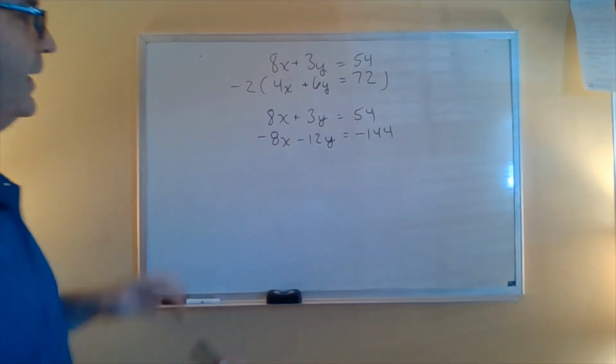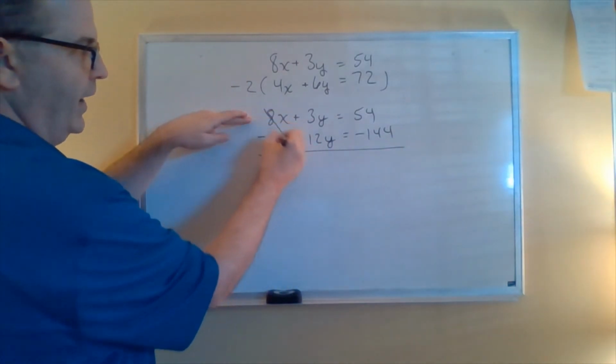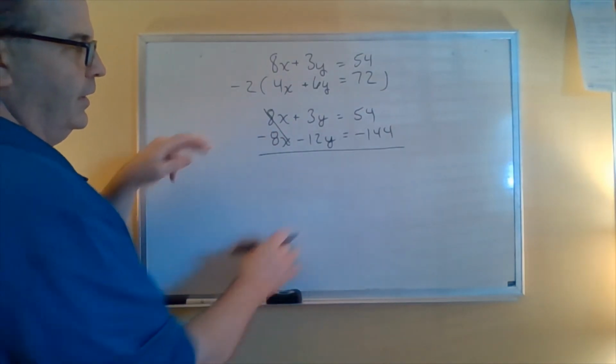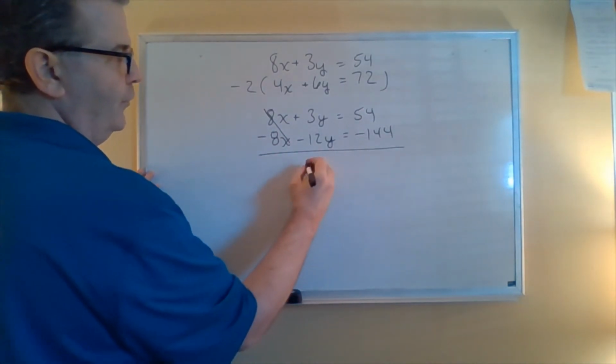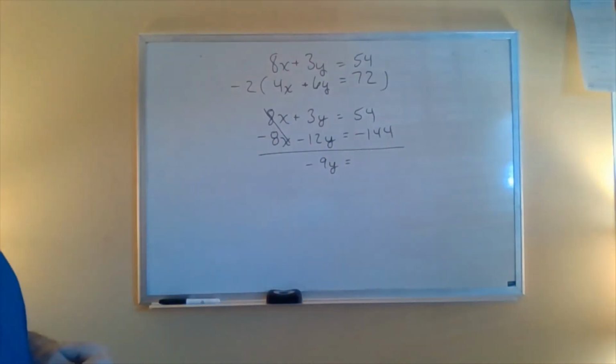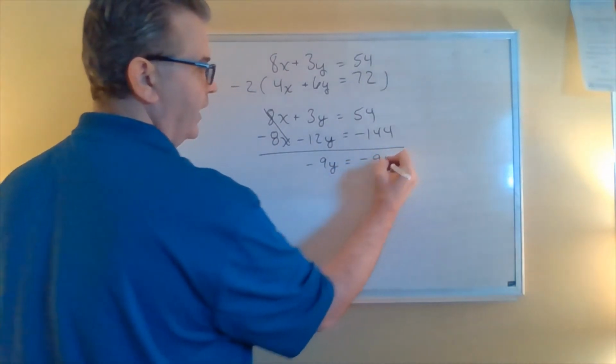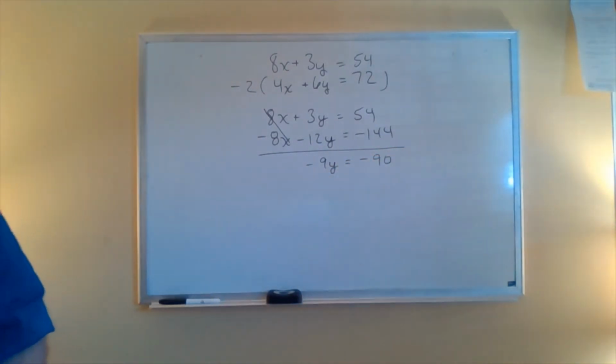Okay, so now I can add these 2 together. And look, because I got those opposite coefficients, my x terms are going to cancel out. If I add 3y and -12y, I get -9y. If I add 54 and -144, I end up with negative 90. Okay.